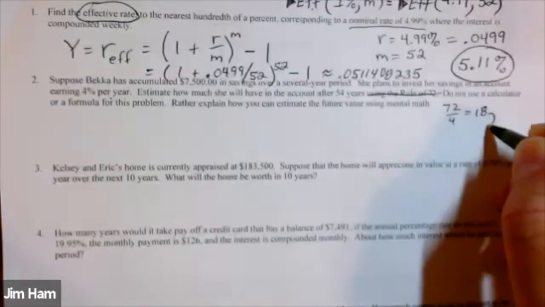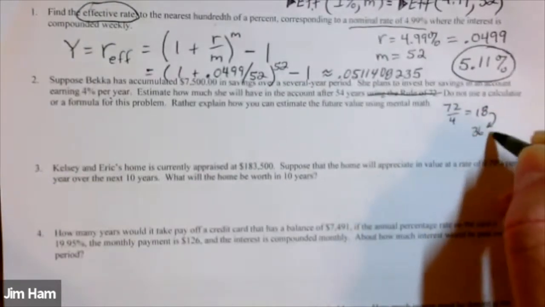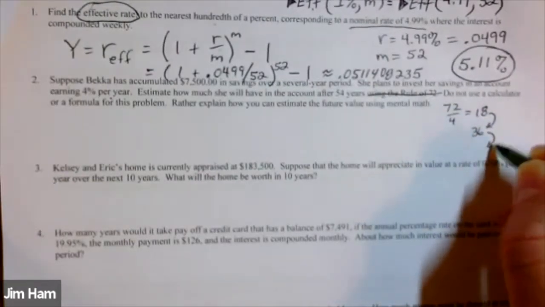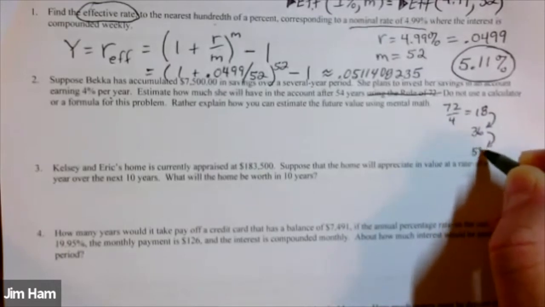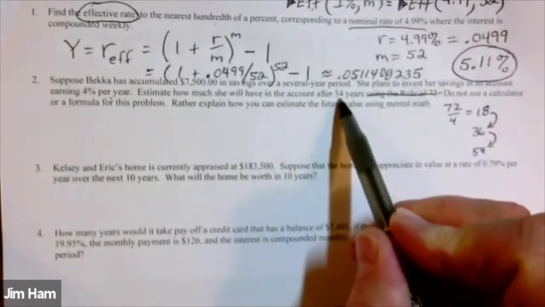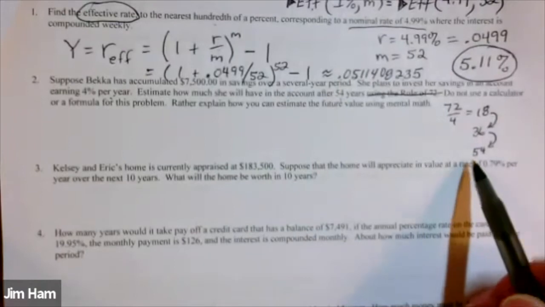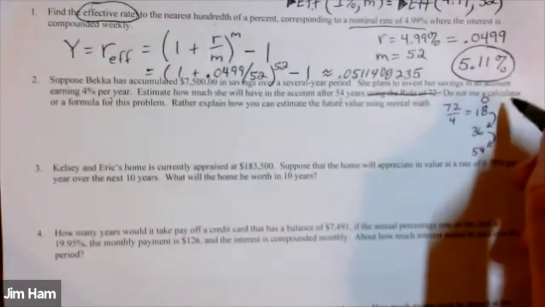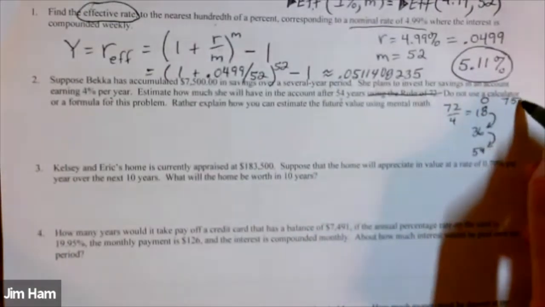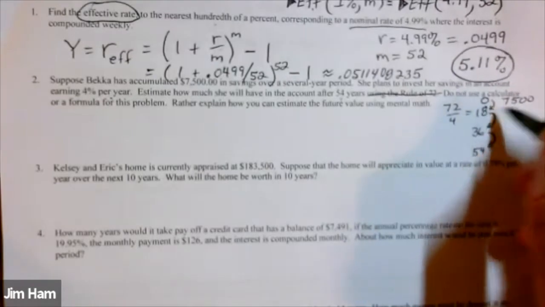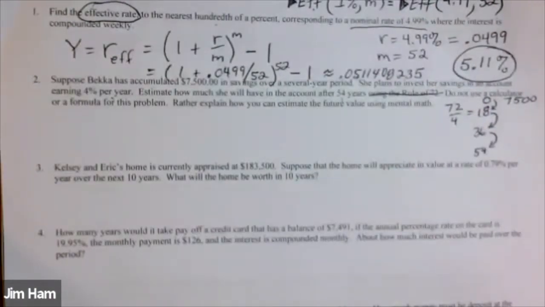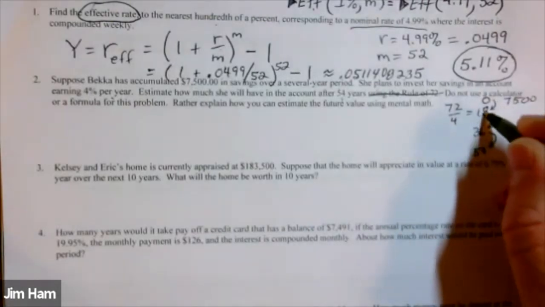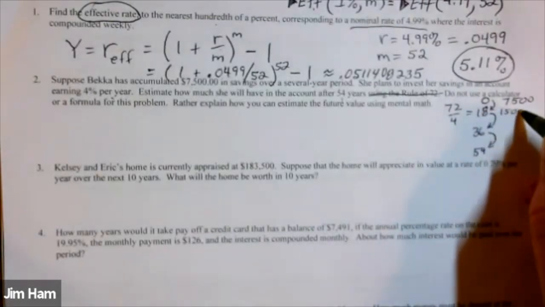Then it'll double again after the next 18 years, and then it'll double again after the next 18 years. Notice I just contrived a number there so that it matches perfectly. So at the beginning, you have $7,500. After 18 years at 4%, that money is going to double, so it goes to 15,000.